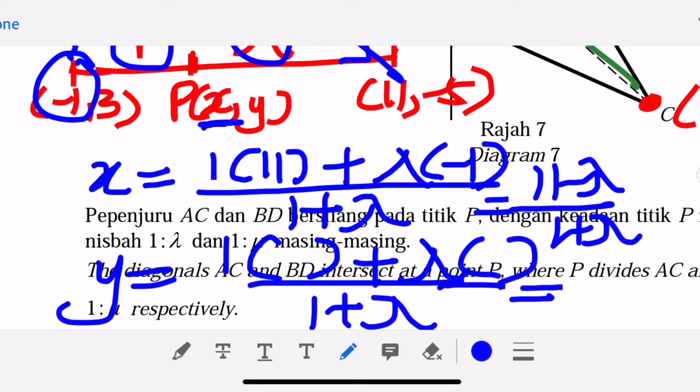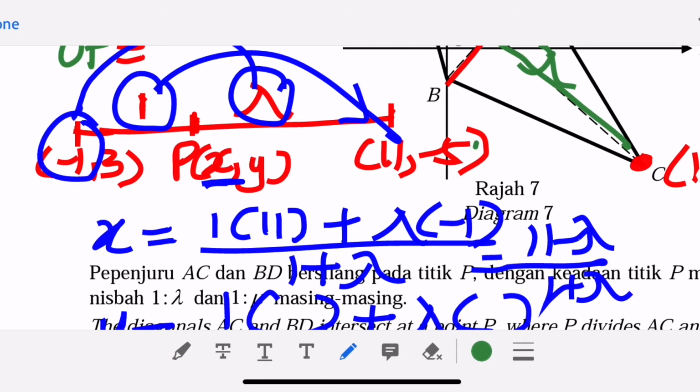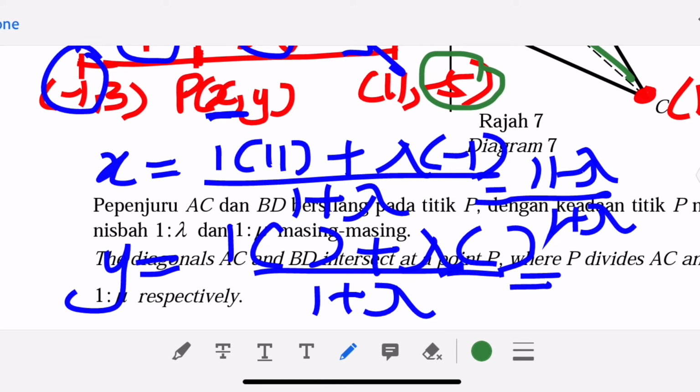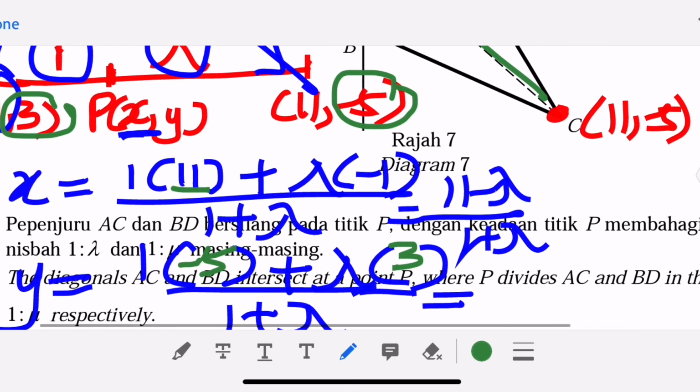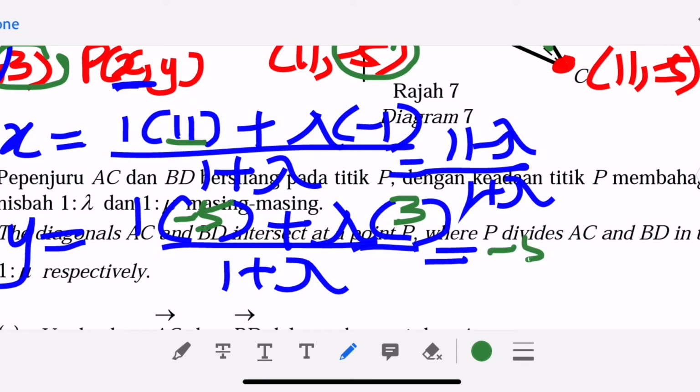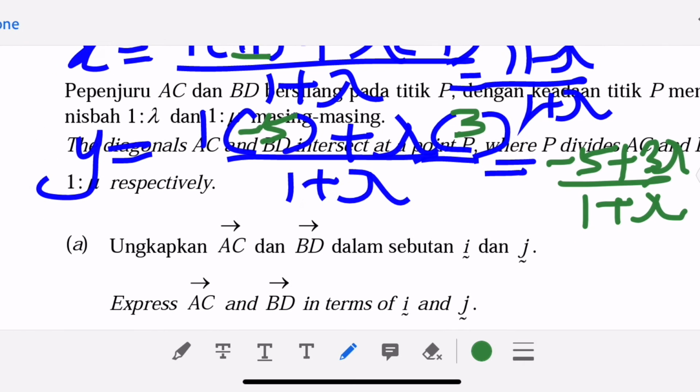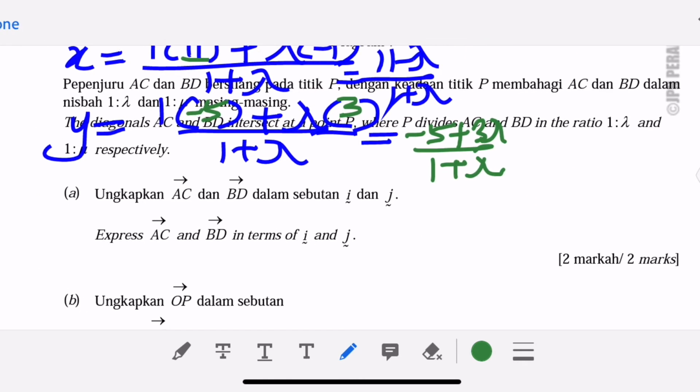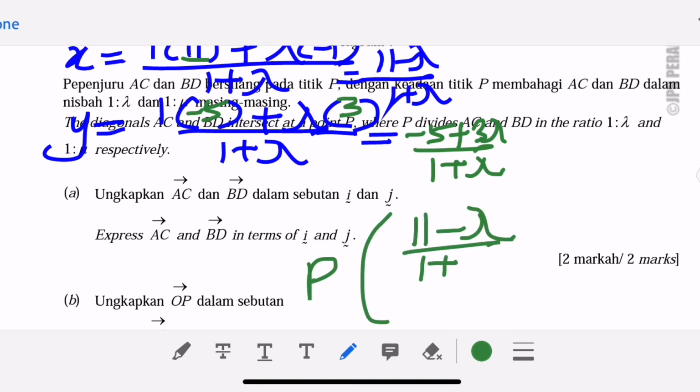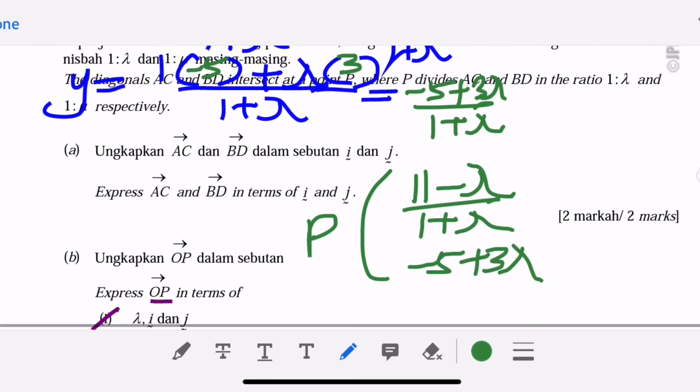I'm going to teach you the way. We will use 1 times negative 5. Just now it was 11, here negative 5, lambda, and then 3 beside negative 1, right? So we have the answer: negative 5 plus 3 lambda over 1 plus lambda. So we have found the point P this way. Point P is 11 minus lambda over 1 plus lambda, and negative 5 plus 3 lambda over 1 plus lambda.